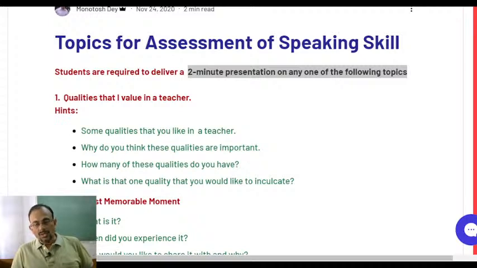If you have any doubt regarding it, you can text me now. I will certainly let you know how to go about it. So if you have any question, dear students, which might crop up in your mind regarding assessment of speaking and listening skill, please do come up with that question. I'm waiting for your query.